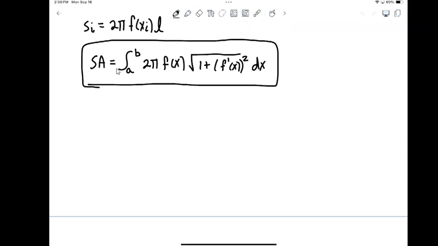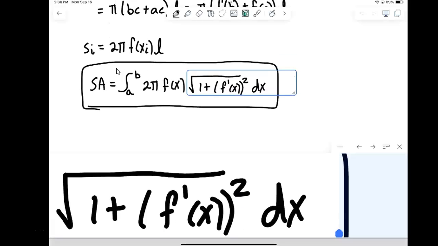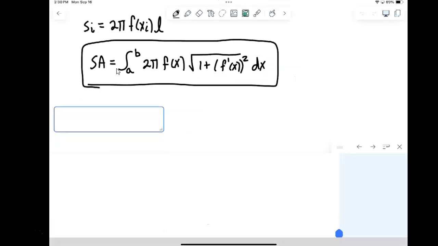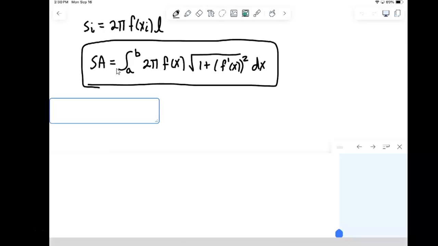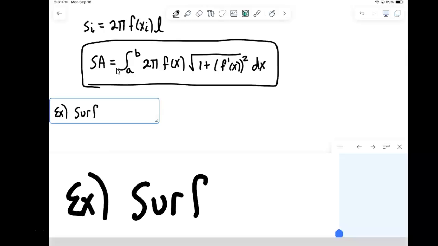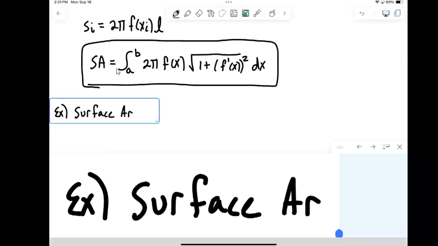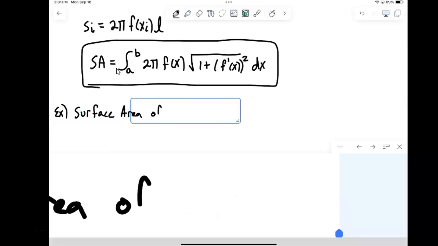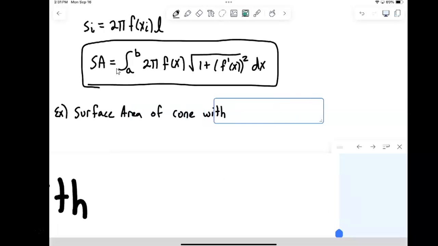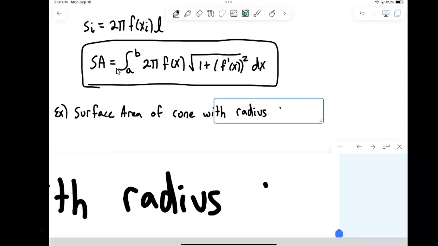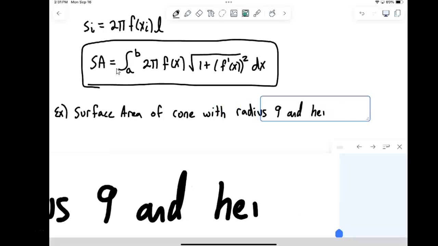And so let's say in this example, we want to do the surface area of a cone with radius 9 and height 3.